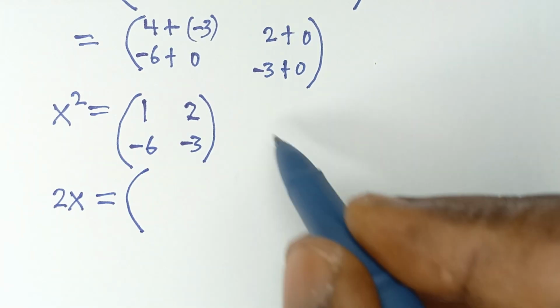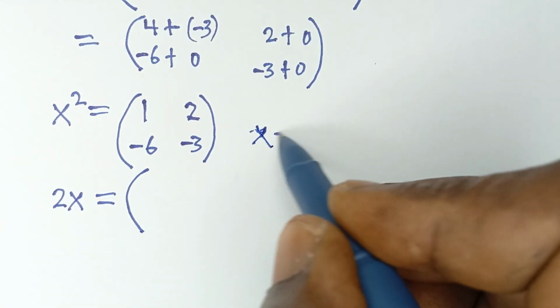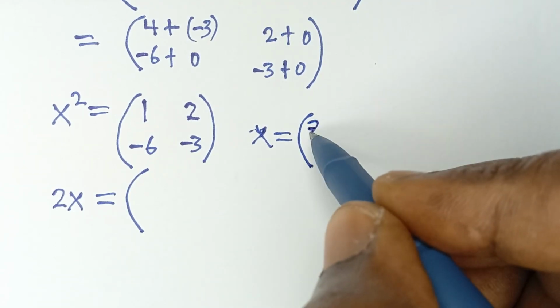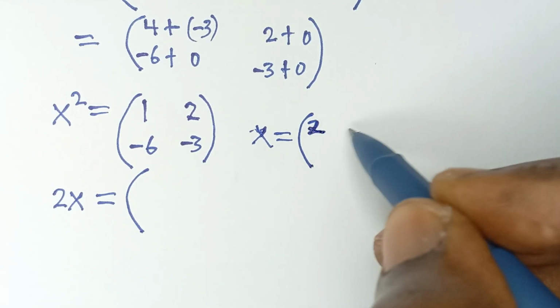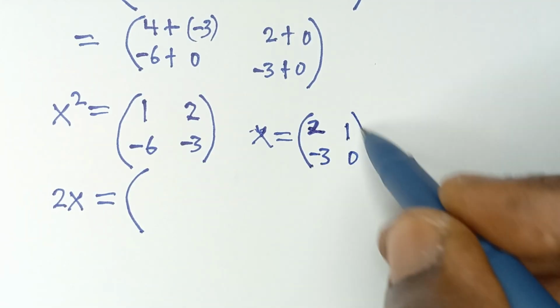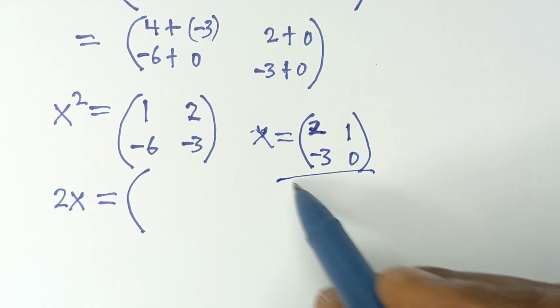Don't forget that x is equal to the matrix 2, 1, and then negative 3 and 0. So this is x now.